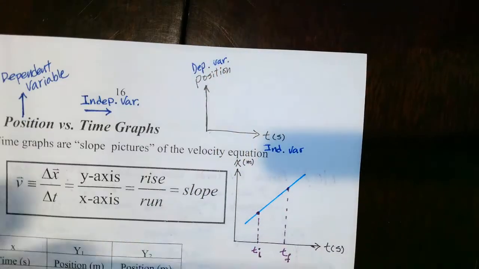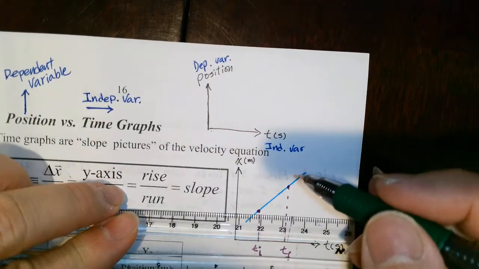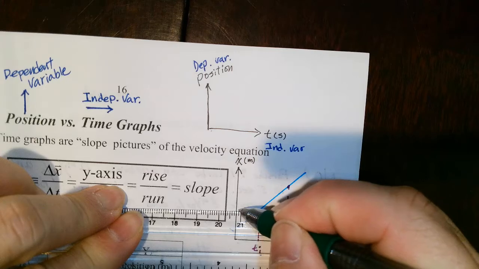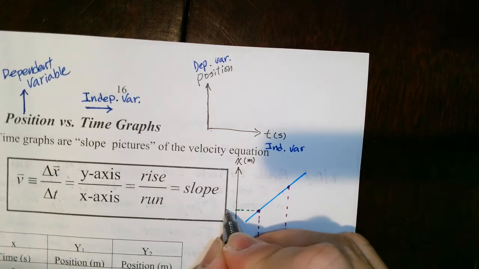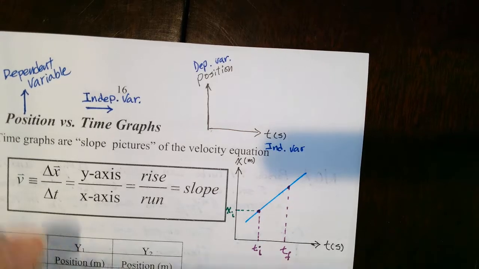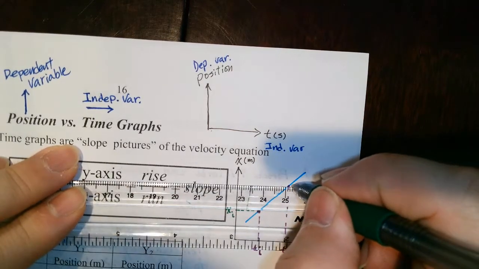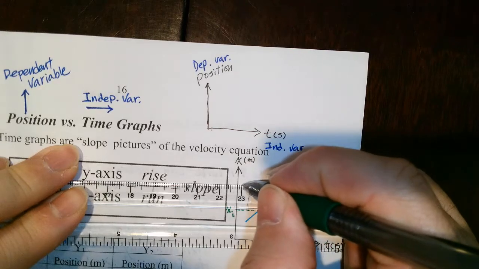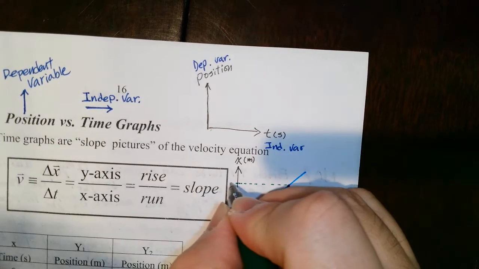And then at t initial, my position is x initial. And at t final, I'm going to call that position x final.